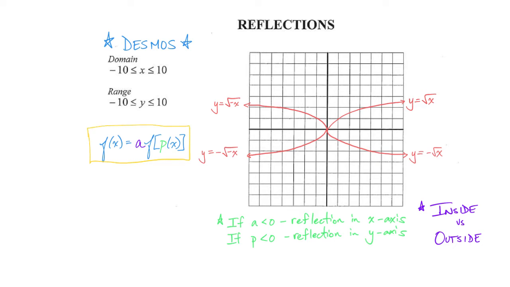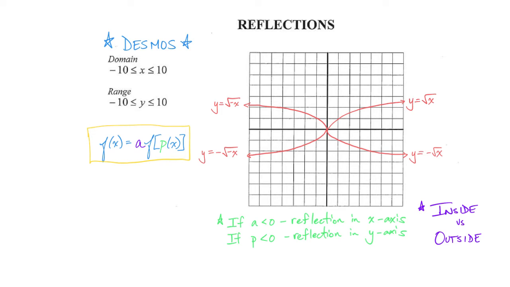F of x equaling a times f of p of x. In that form, if we call the a value out in front multiplied inside value p value, then we can draw on by hand our square root functions being reflected.